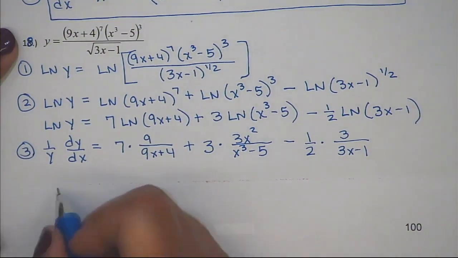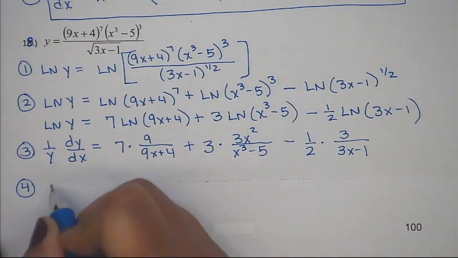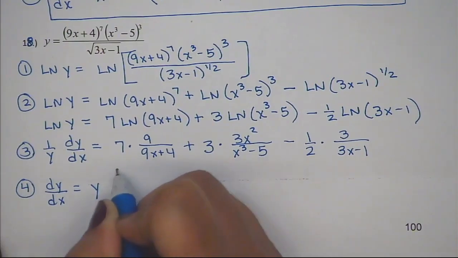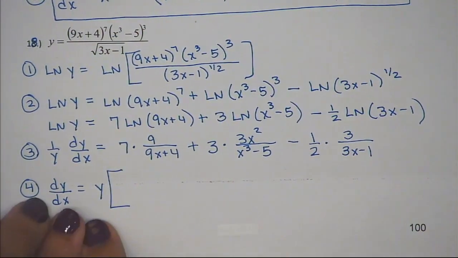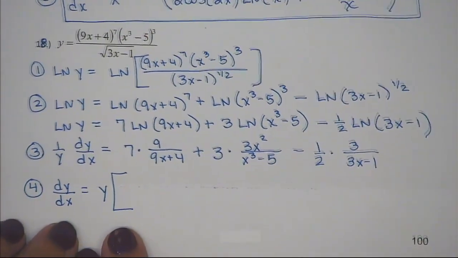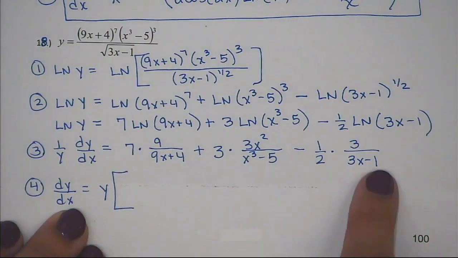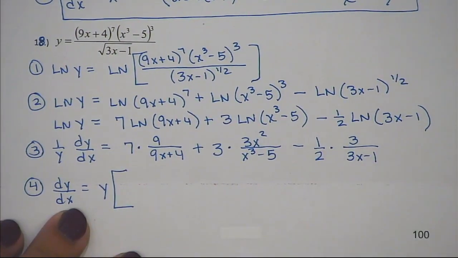All right, so let's go ahead and clean up and move the y over at the same time. So dy dx, I'm going to put the y out front. Solving for dy dx, I'm just moving the y over. That's always true. Then we'll multiply and clean up our numerators a little bit.